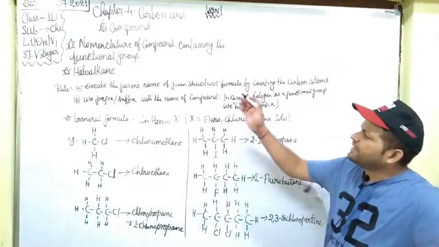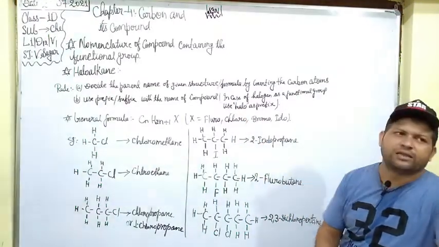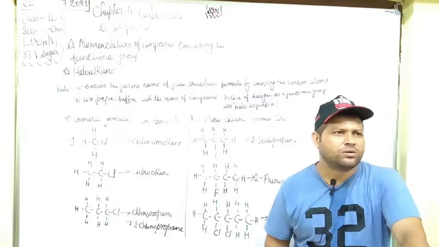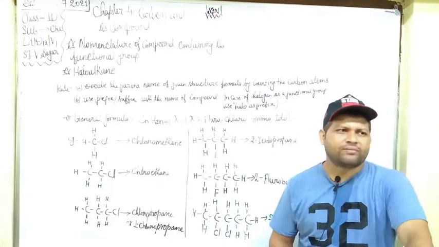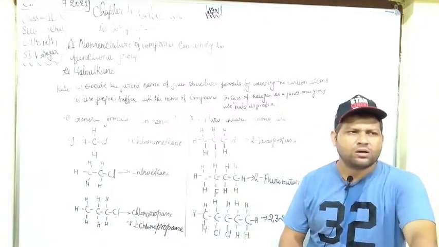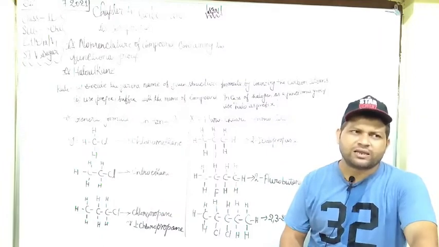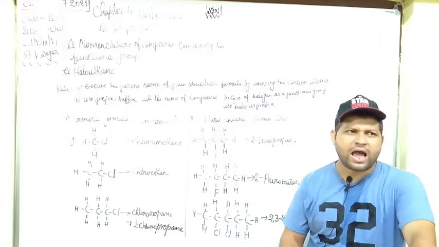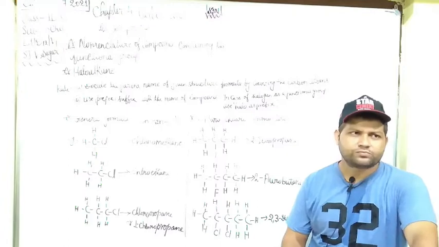So these are the names of haloalkanes, and in the previous video I explained how we have to write the names of compounds containing alcoholic hydroxyl groups.